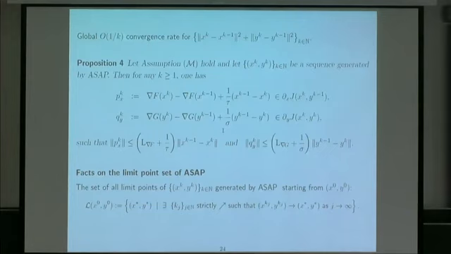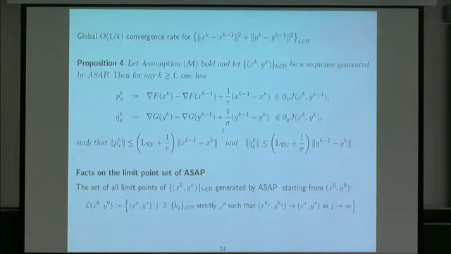Furthermore, we know that at each k there is a subgradient pk belonging to the subgradient with respect to x at the point xk, yk minus 1, and a subgradient belonging to the subgradient at the next step with respect to y at the next step.